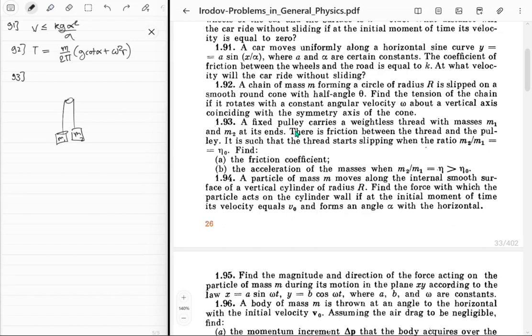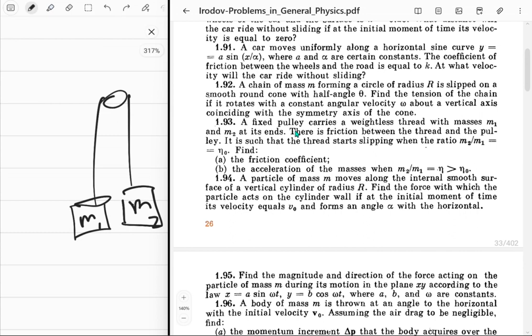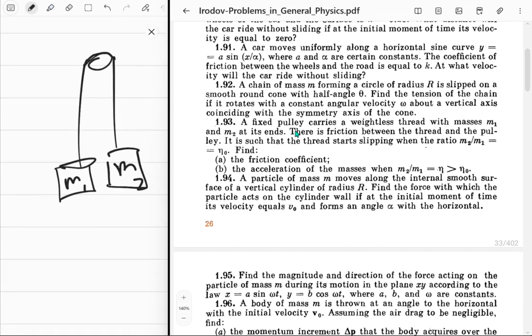Yeah, I guess we do. Fine. So we'll just assume that the pulley is not rotating. So yeah, then we can do it.